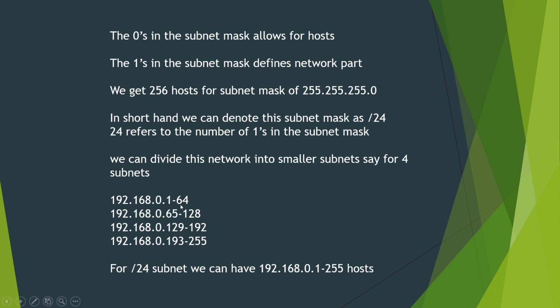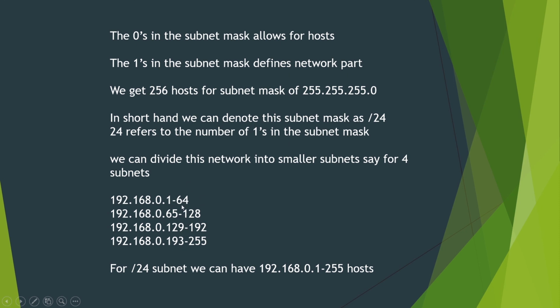In these subnets, the starting address is called the network ID for the subnet. So 192.168.0.1 is the network ID. If you see the second subnet, 65 is the starting one, and it is the network ID for that subnet. And 129 and 193 are the network IDs for those subnets.